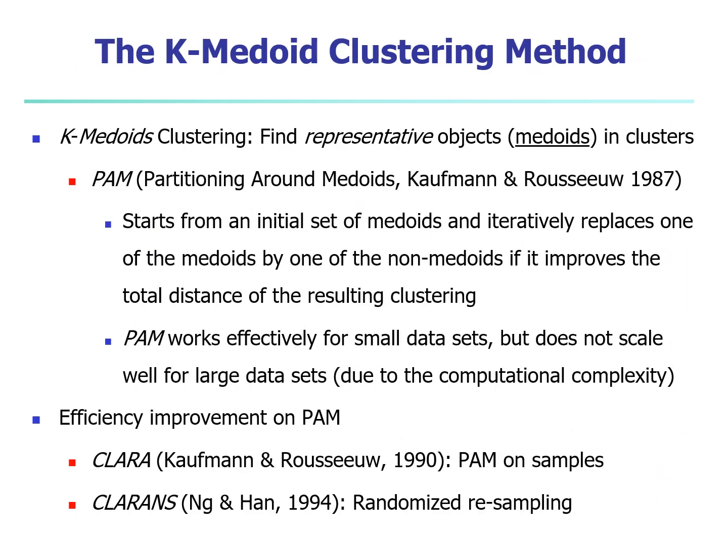The k-medoid clustering method. First, we need to find the representative object per cluster, the medoid in clusters. This is called PAM, or partitioning around medoids. It starts from an initial set of medoids and iteratively replaces one of the medoids by one of the non-medoids if it improves the total distance of the resulting cluster.